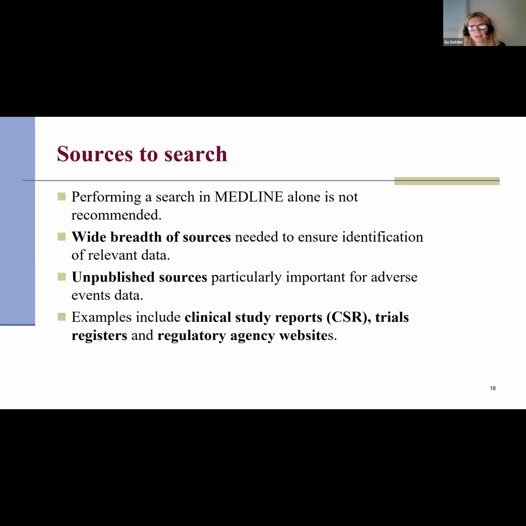Trials registries are a lot easier to search and get hold of data from, although some trial authors are quite slow to put the data in, even though they shouldn't be. And then there's regulatory agency websites that also can provide data. It tends to be case reports of adverse events, however, so you've got to be careful there, where you've not got a numerator and denominator.